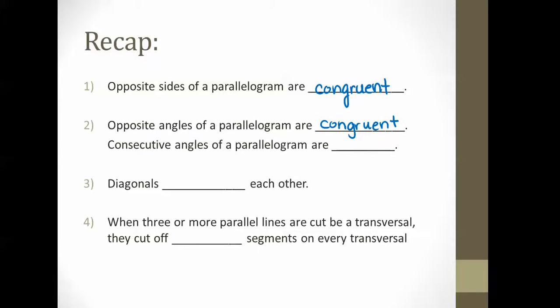Consecutive angles of a parallelogram are, give you a hint, it's not congruent. Supplementary. Diagonals of a parallelogram bisect each other. And then lastly, when 3 or more parallel lines are cut by a transversal, they cut off blank segments on every transversal. Think about it for a second. Congruent.